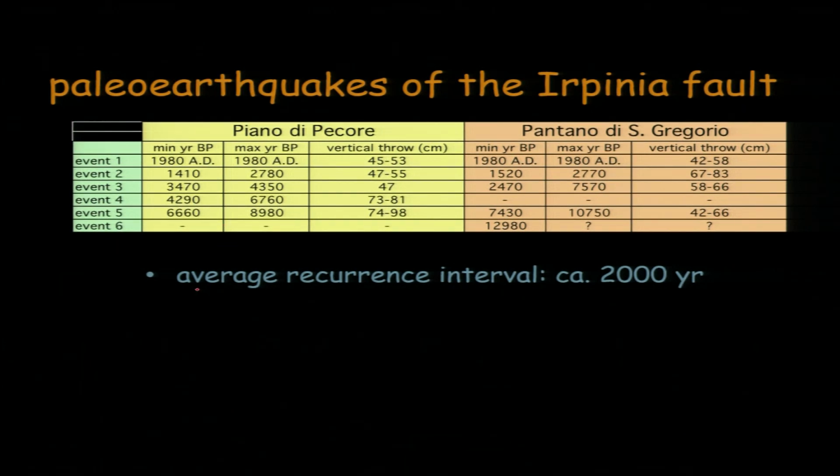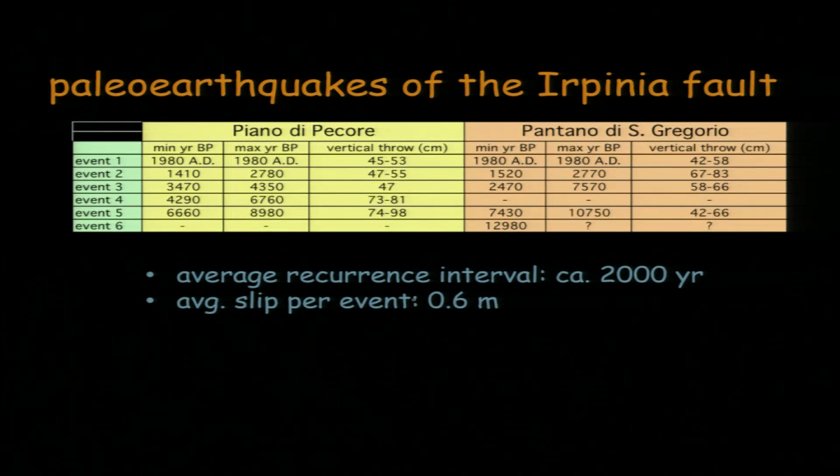Okay. So based on this, the average recurrence which was identified was around 2000 years between the respective events, and the average slip per event was almost around half a meter.